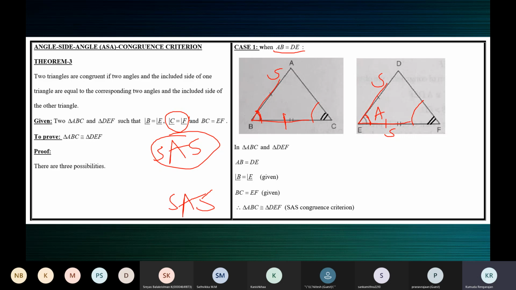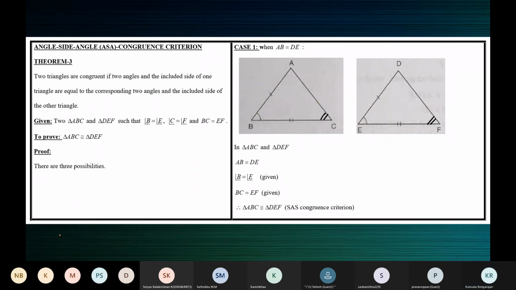We already have one pair of equal angles and one pair of equal sides. To use SAS, for angle B the included sides, the arms, are BA and BC.